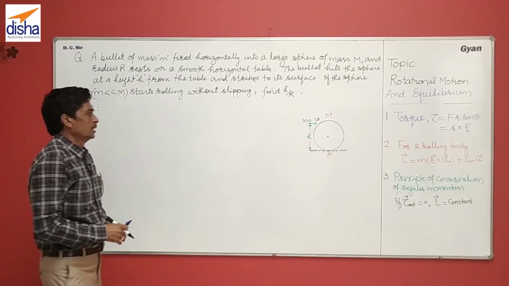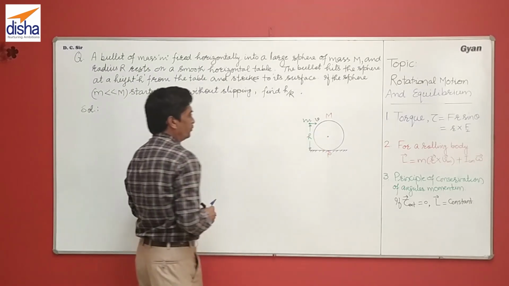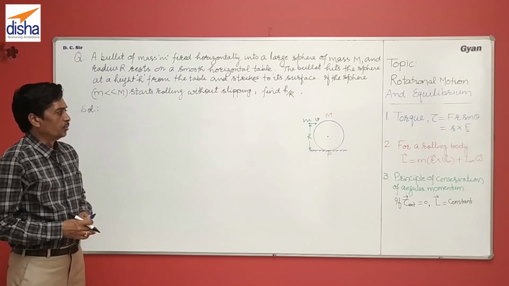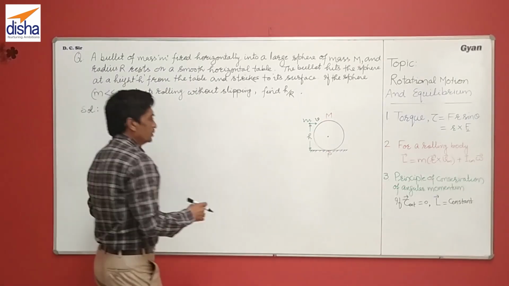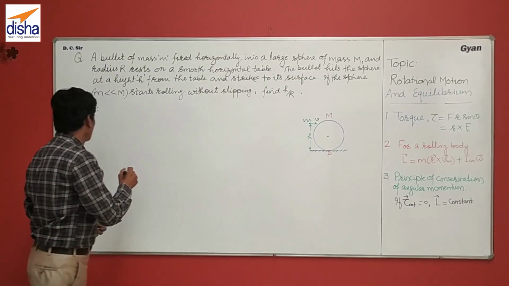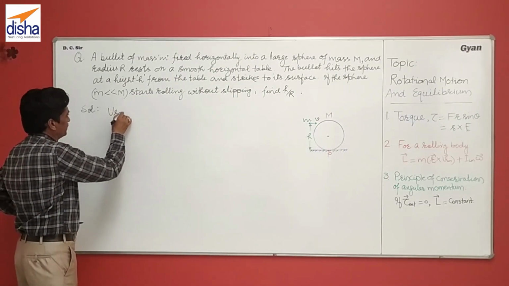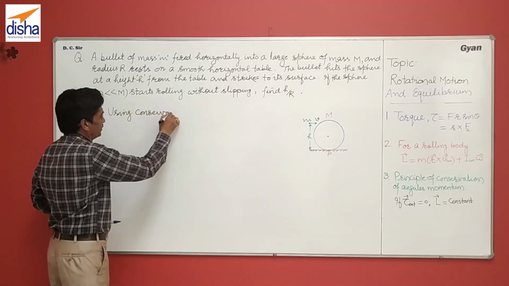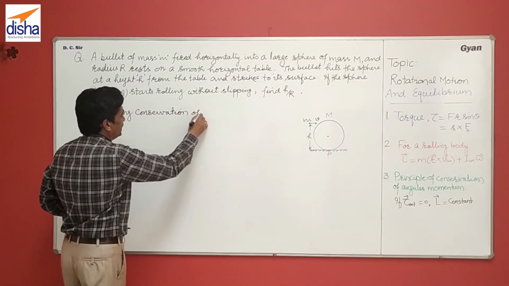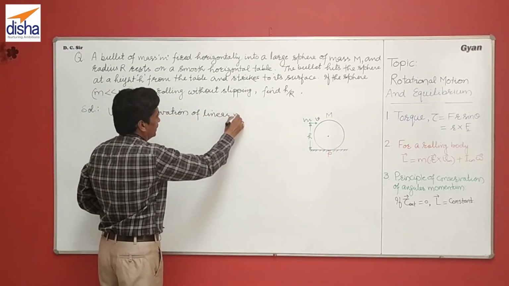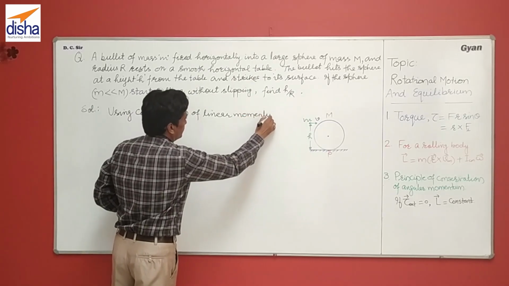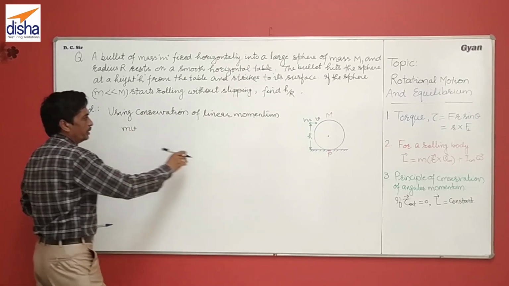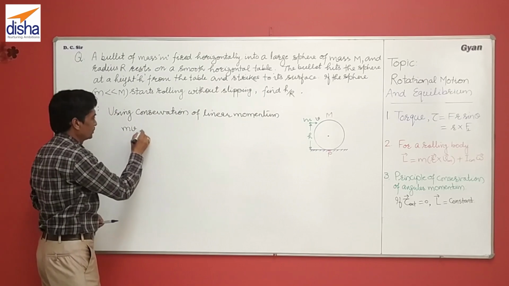Now, as there are no external force as well as torque, in this problem linear momentum and angular momentum remain constant. So, using conservation of linear momentum, we have mv, the momentum of the bullet, and initially the sphere is at rest, so it's 0.